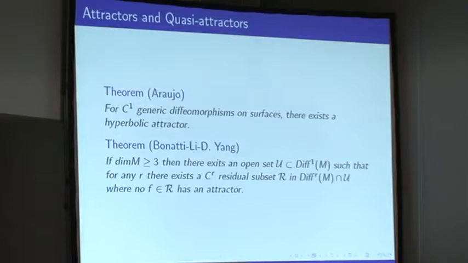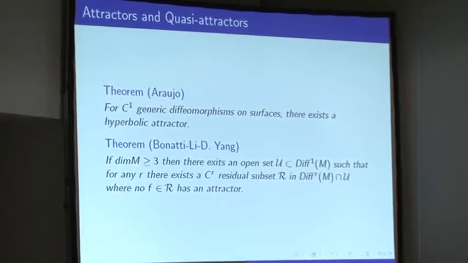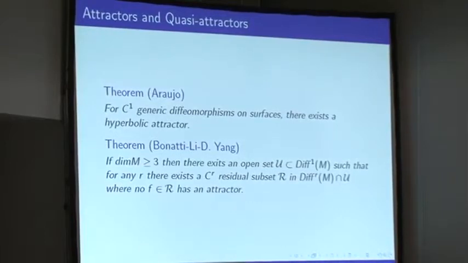It has quasi-attractors, but they are not attractors. For any r, r equal 1, 2, 3, whatever you want. So C^r generically, attractors might not exist.